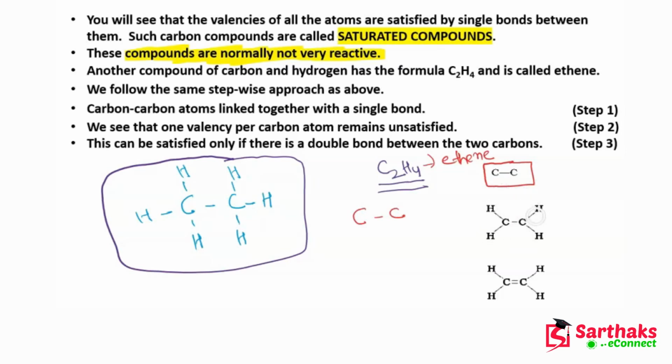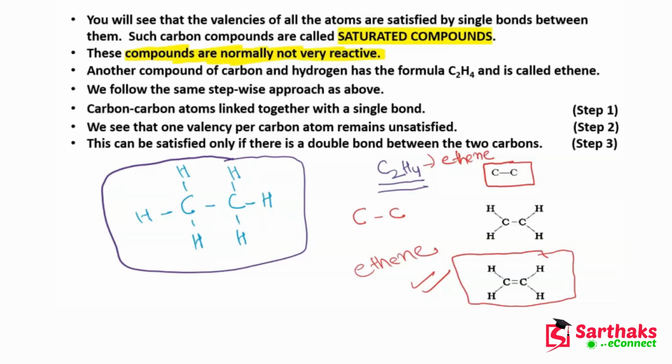To satisfy that valency, we have to make a double bond between these two carbon atoms. Now you can see that the valencies of each carbon are satisfied. So this is the structure of ethene, C2H4.